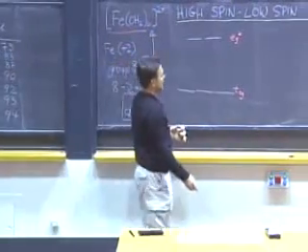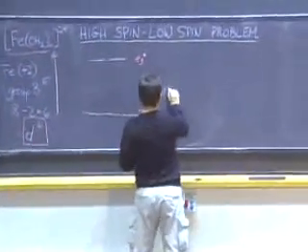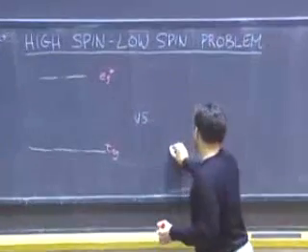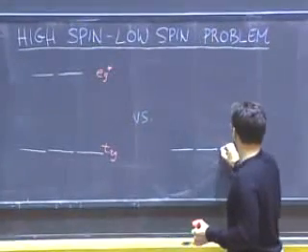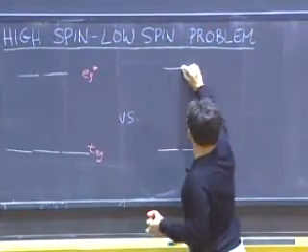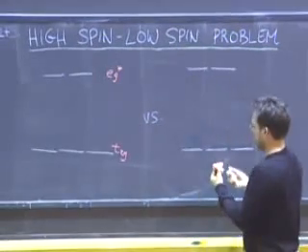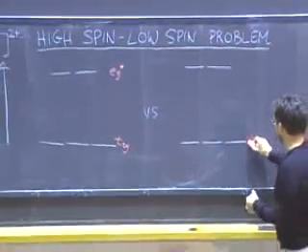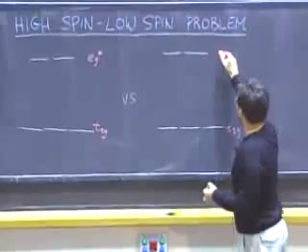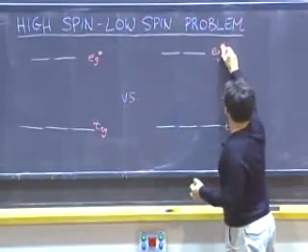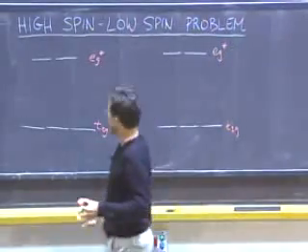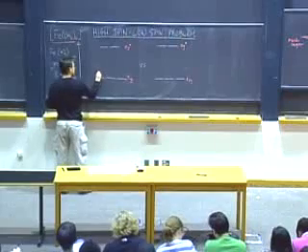And so what you see immediately is that there are 2 ways to populate this diagram with 6 electrons. Because we can do this.